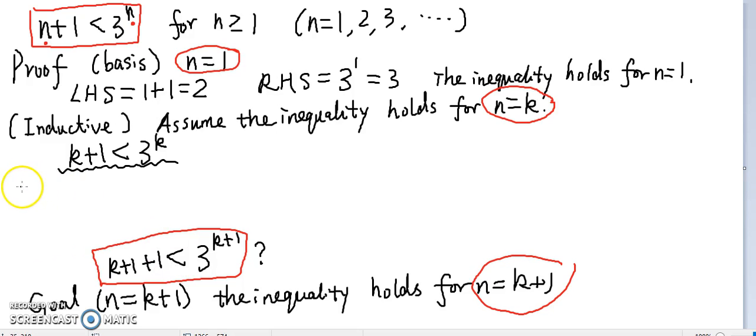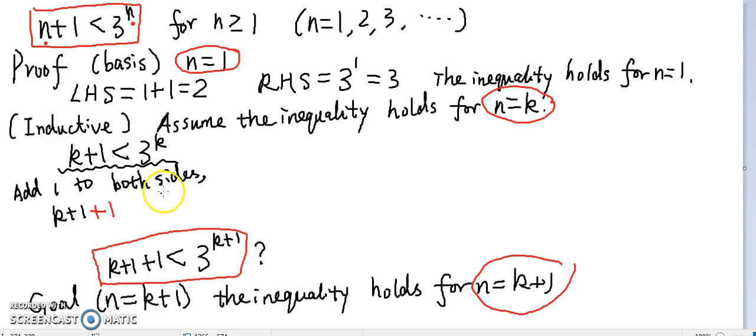Apparently, we should add 1 to both sides in order to get the left-hand side. If I add 1 to the left-hand side, k plus 1, that's the original left-hand side, we will get exactly what we need in the goal inequality.